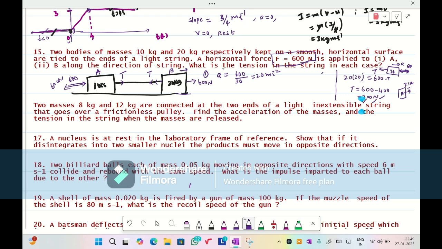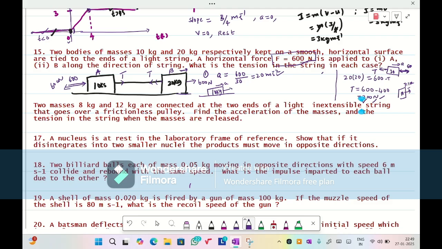Initially the acceleration is equal to total net force by total mass, that is 600 by the total mass 30, which is 20 meter per second squared. So this is the acceleration of the system. Now you take the 10 kg as a free body diagram. It is having acceleration like this.